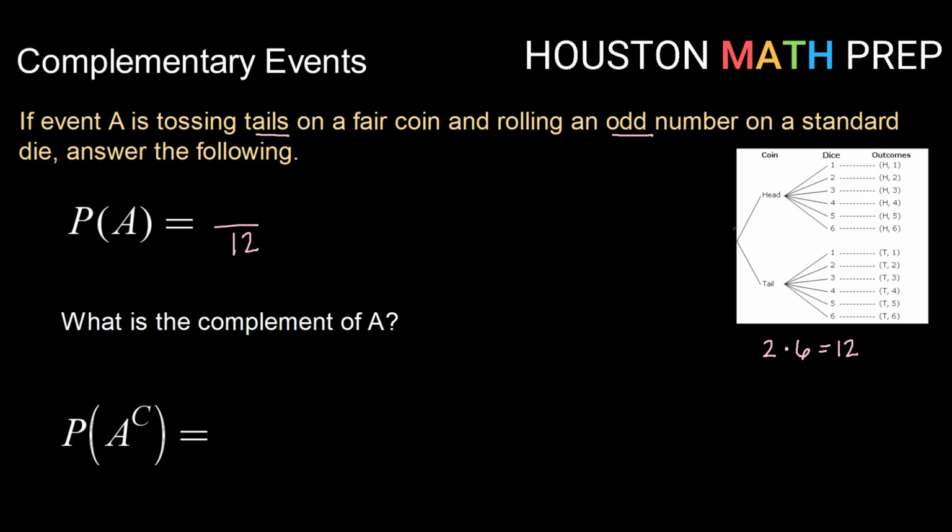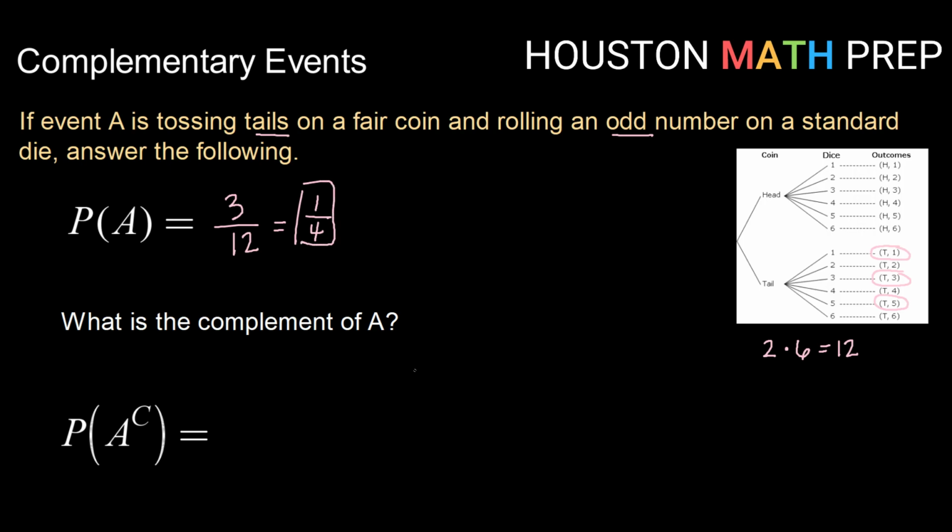How many of those first begin with tossing tails and then having an odd number? Well, that would be tails followed by rolling a 1, tails followed by rolling a 3, and tails followed by rolling a 5. So 3 out of our 12 possible outcomes fall into A. So our probability of getting to A is 1/4.